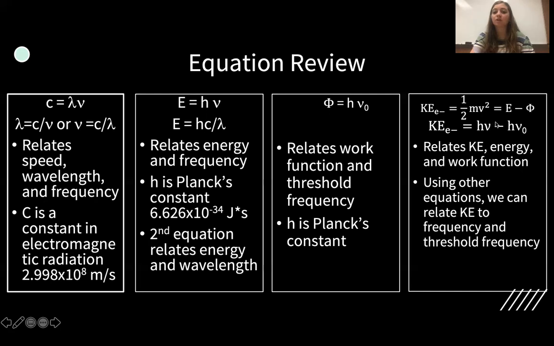If we sub in other equations here, remember energy equals h nu, which is where that's from, and work function equals Planck's constant times threshold frequency, which is where we got that. So it relates kinetic energy, and then energy and work function. And like I said, using other equations, we can relate kinetic energy to frequency and threshold frequency.